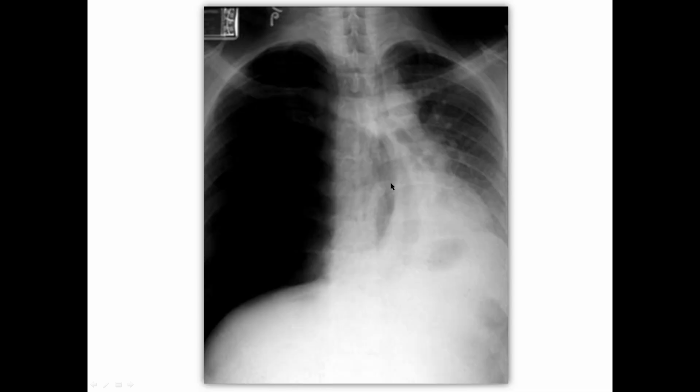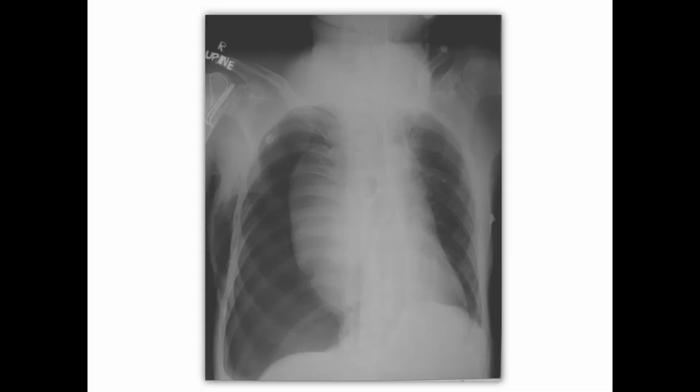Also displacement of the mediastinum to the left side, and you see accumulation of gas, this is pneumothorax. Also pneumothorax you see on the left side, and also the shadow of the collapsed lung.